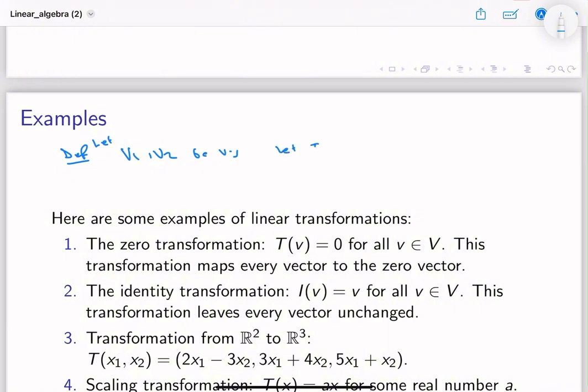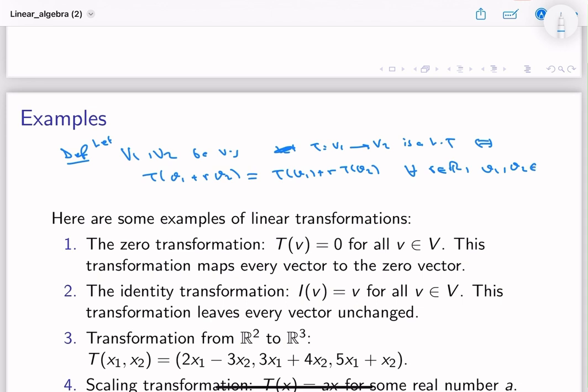Let T between V1 and V2 be a linear transformation if and only if T of V1 plus R V2 is equal to T of V1 plus R T of V2, and this is happening for every real number R and V1, V2 vectors in the domain, which is big V1. So this is the definition of what a linear transformation is.